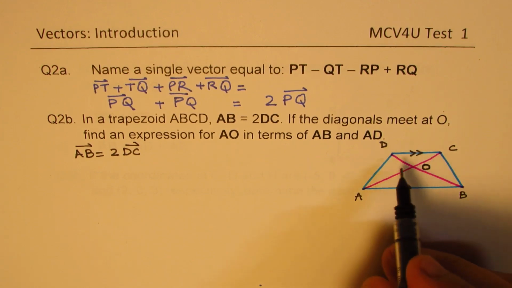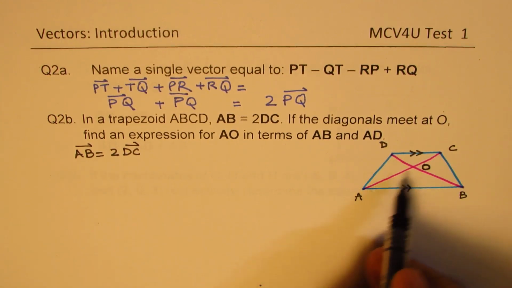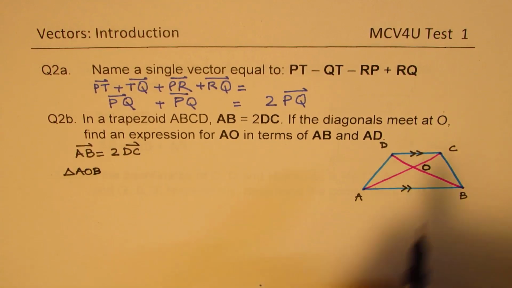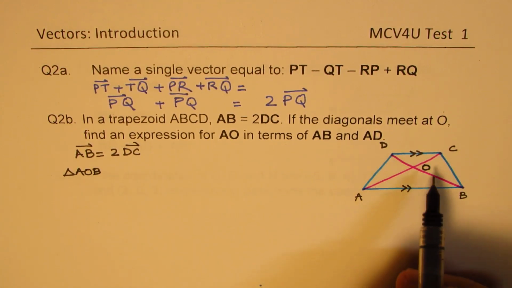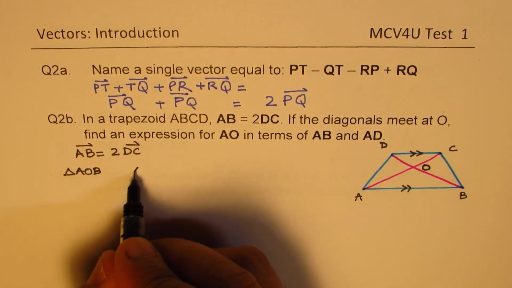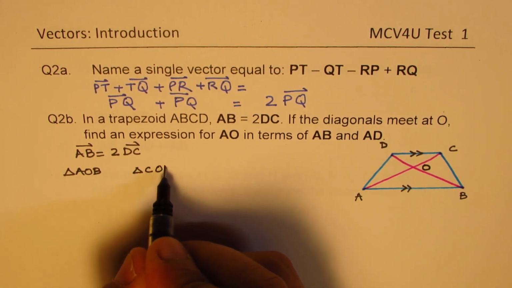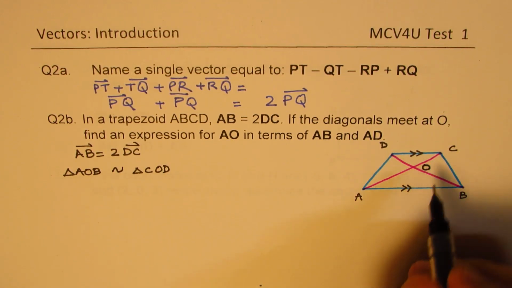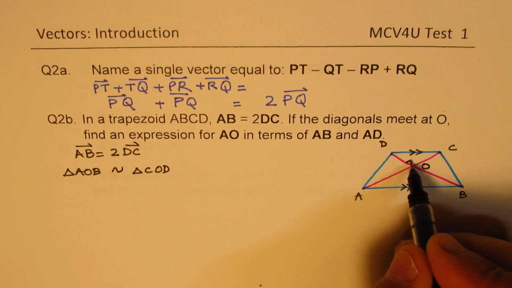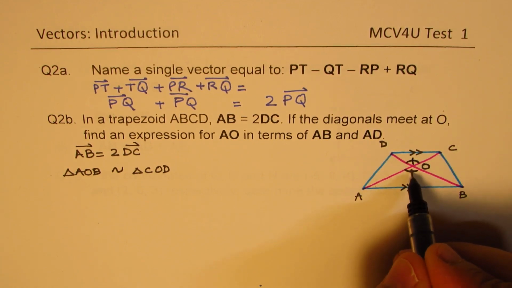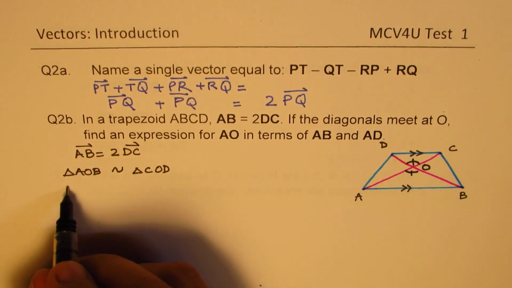Now, if you look into the triangle AOB and triangle COD, these two are similar triangles, right? Since these sides are parallel, we have opposite angles.